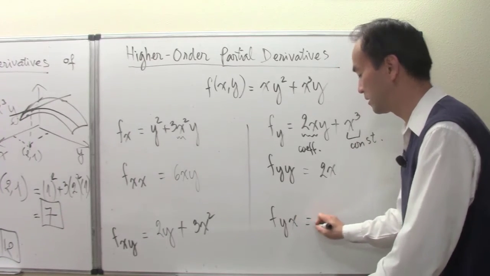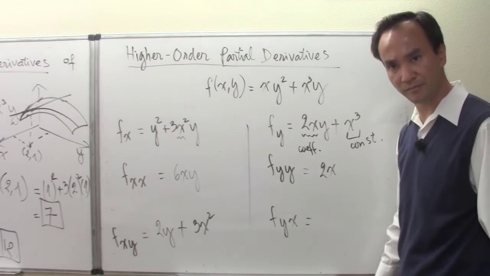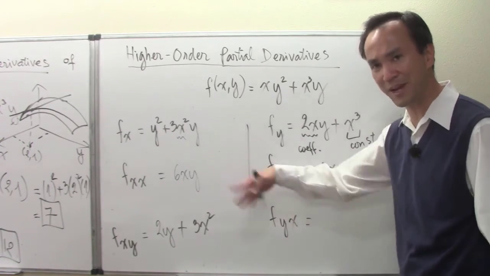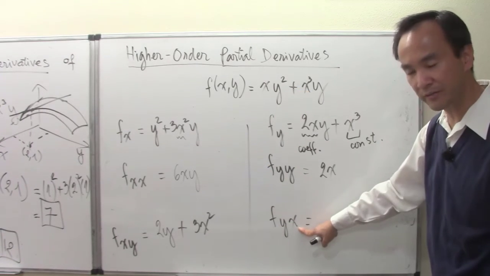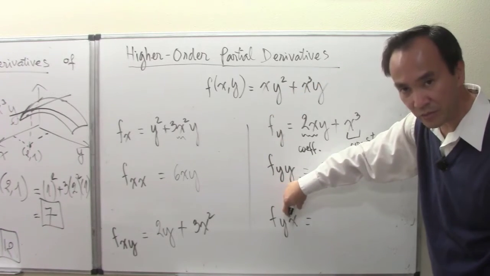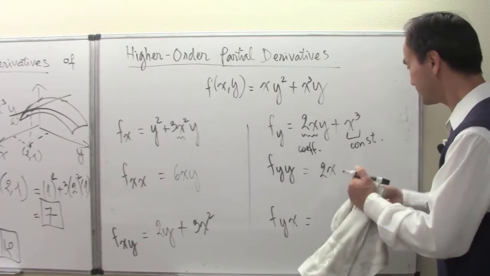Okay, and then right from there, ladies and gentlemen, now let me introduce f sub yx. Do you think you understand what this tells you to do? I think it should be easy enough that I can skip telling you what that is. Right from this f sub y, we take a partial derivative with respect to x.